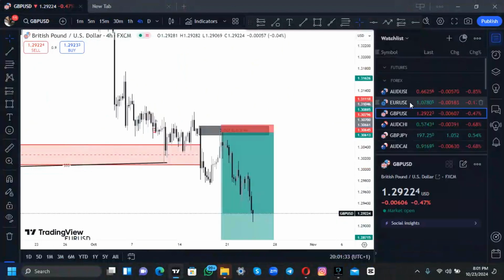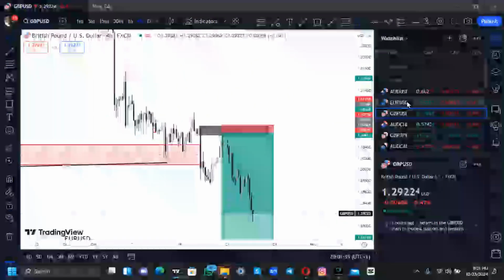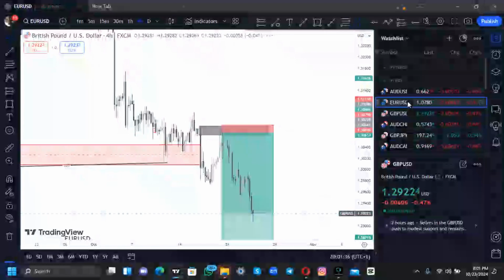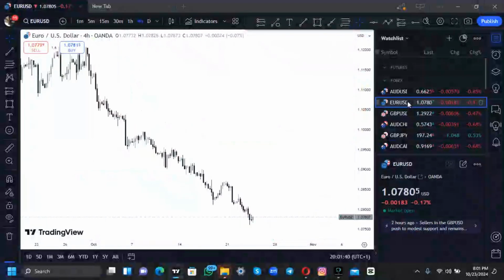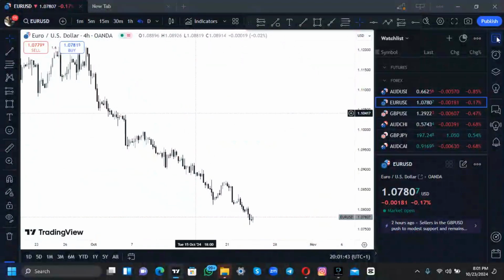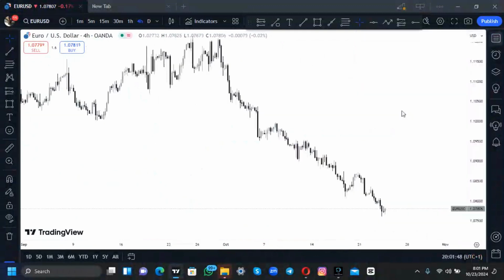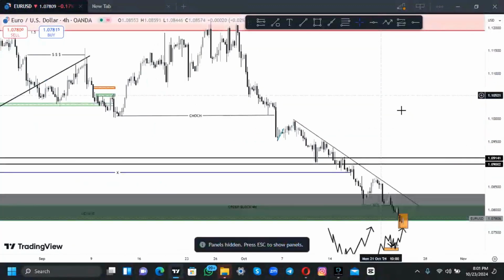So just look at our Euro USD. Here. And let's see if it gives us that same bearish move. Yeah, I didn't really trade this, but this is actually giving us the same bearish move. Let me expand it a little bit more, so you can see that this is giving us the same bearish move.